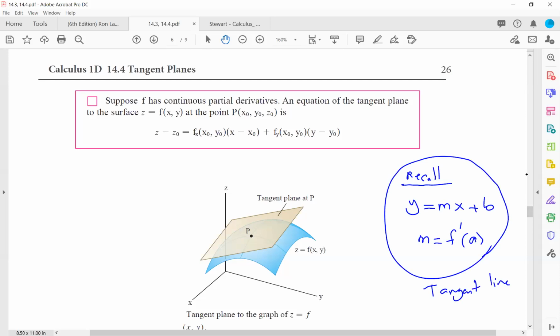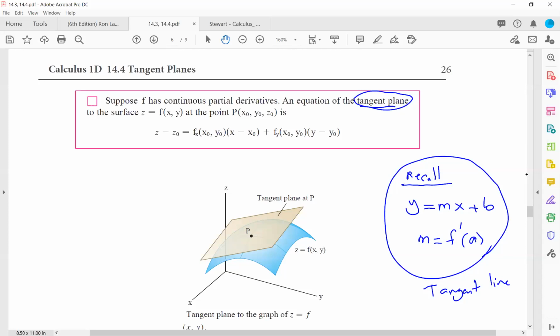So when it comes to functions in two variables, you're interested in finding a tangent plane to your surface. Here, instead of having just a curve, you have a surface. This blue object here is a surface in three-dimensional space.